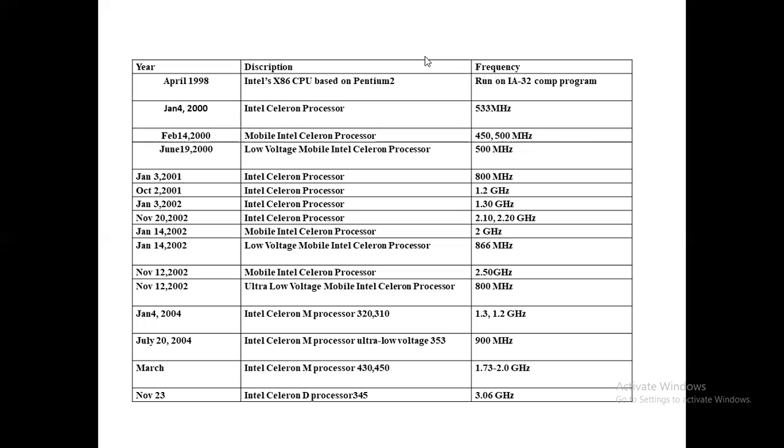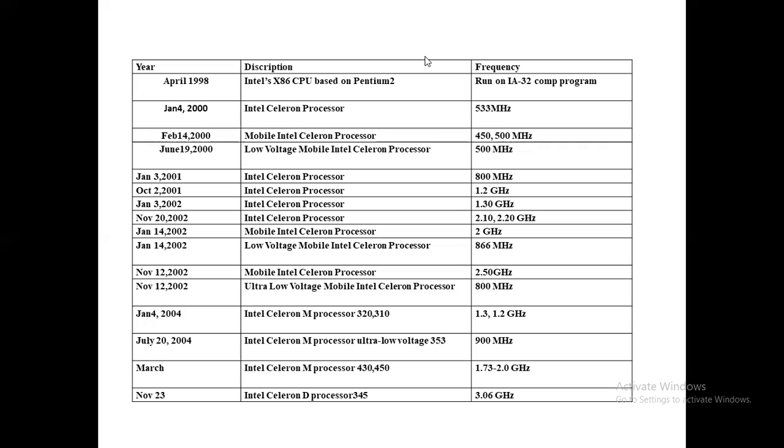January in the next year, January 11, the new Core i5 processors including 4 cores like i5 2000 series were released. The first desktop Core i9 processor like i9-7900X was released in July 2017.